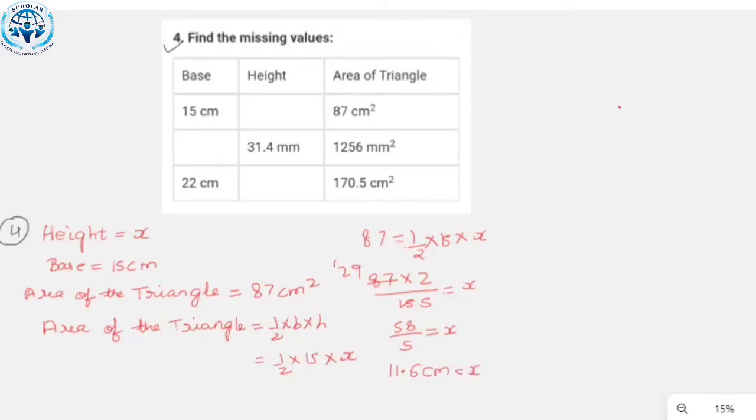In the second one, base is not given. Height is given and the area of the triangle is given.